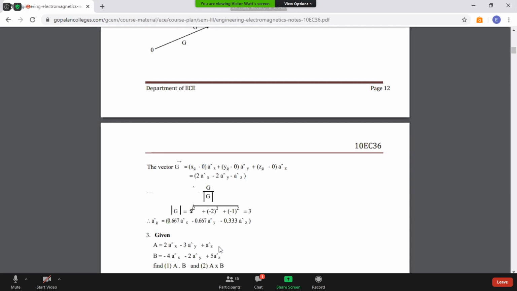But then 0.6? 2 divided by the term in front of the ax, divided by 3. So 2 is from G, and 3 is the modulus of G. Everybody get it now? Yes, sir.